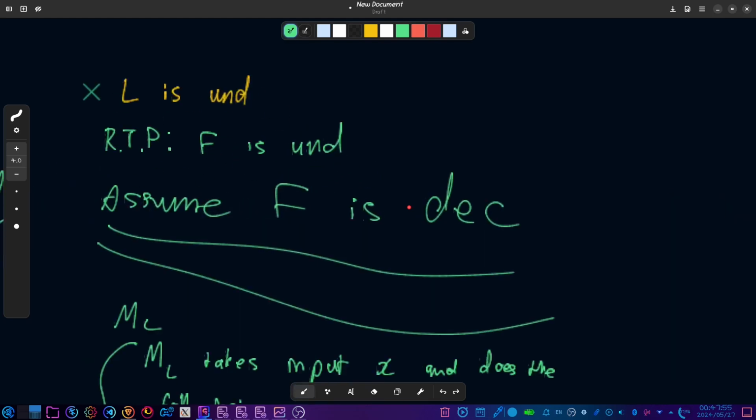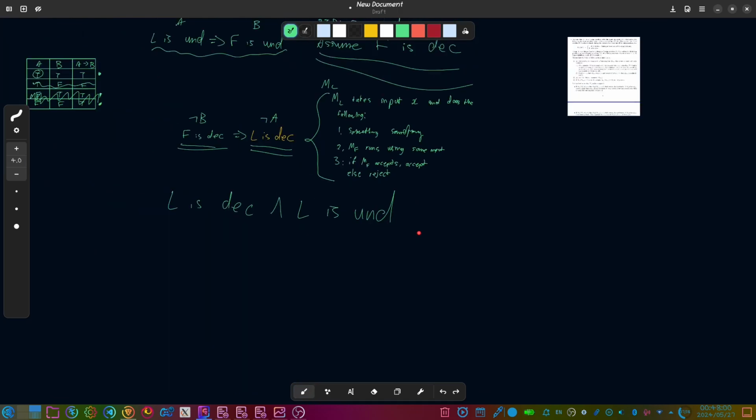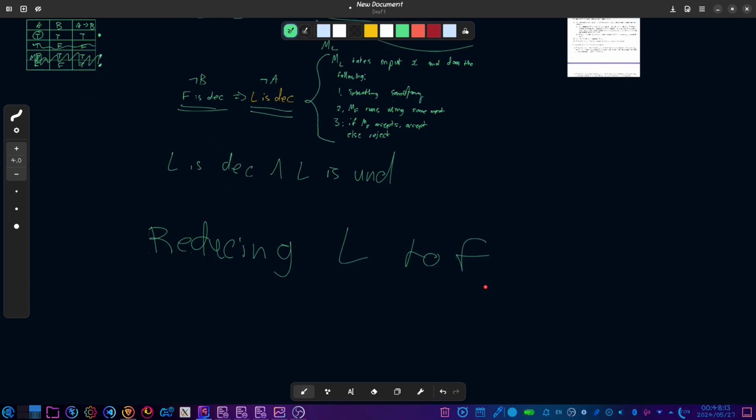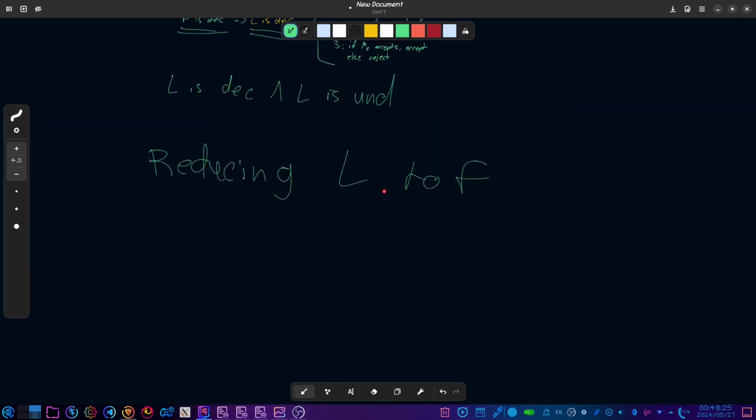When we say doing this, what this means is, one last thing, we are reducing L to F. That's basically saying solving L is at least as hard as solving F, or the problem of deciding L is at least as hard as deciding F. We're very loose with the words we use a lot of the time.